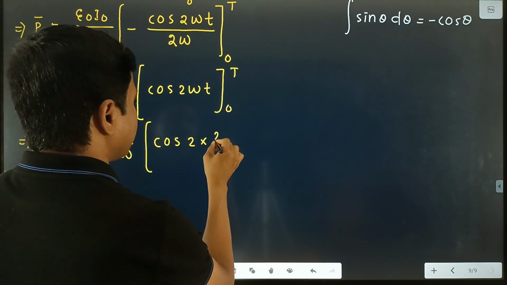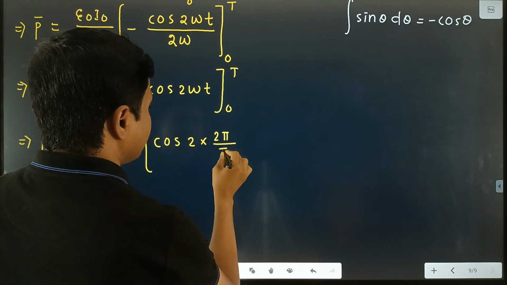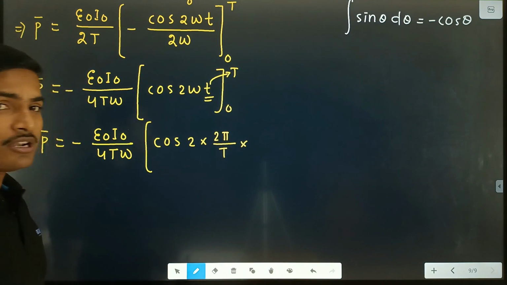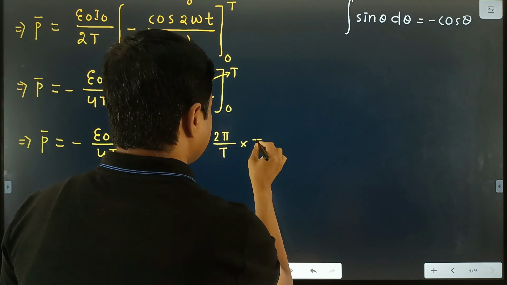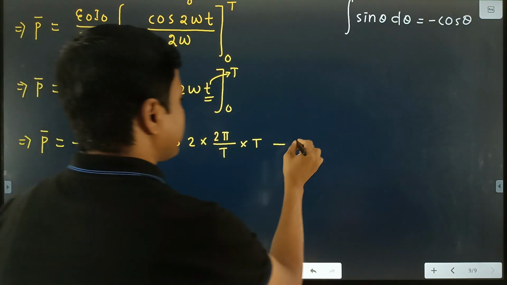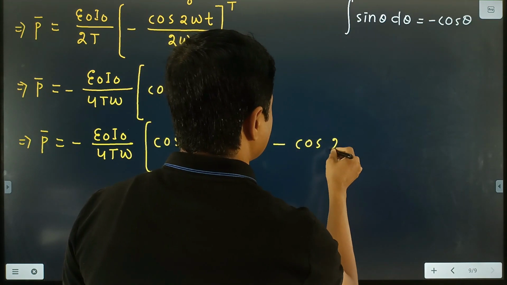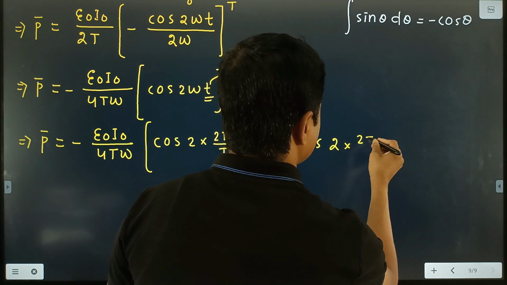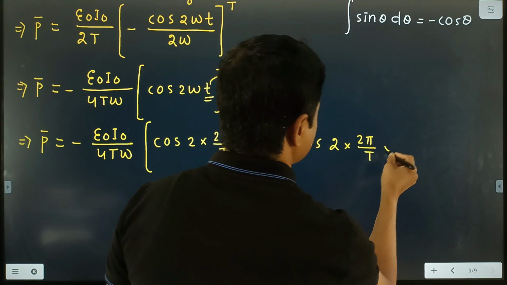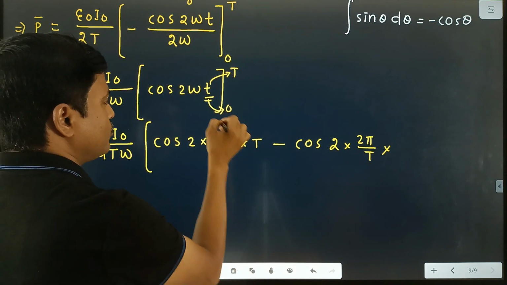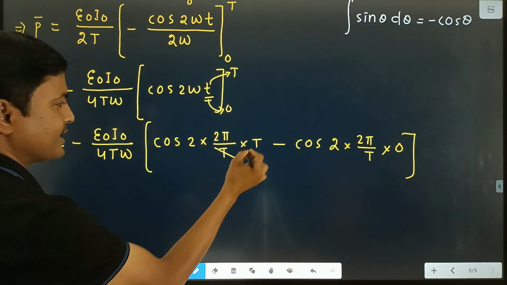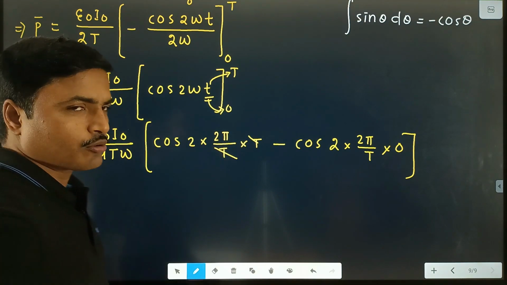So in place of omega we write 2 pi divided by T multiplied by, in place of small t, first we put the upper limit. Upper limit is capital T, then minus sign. We write cos 2, in place of omega we write 2 pi by T multiplied by, in place of small t we put the lower limit 0. T cancels, remaining is cos 4 pi.